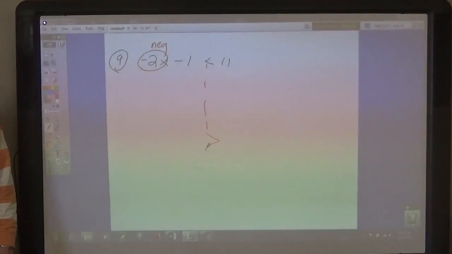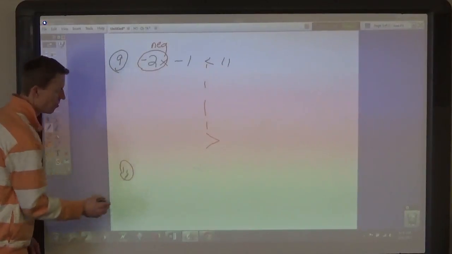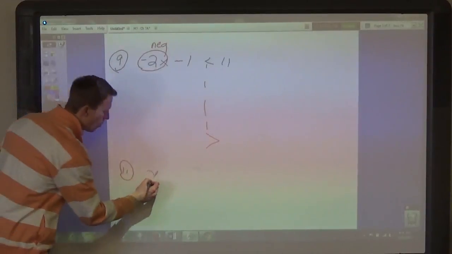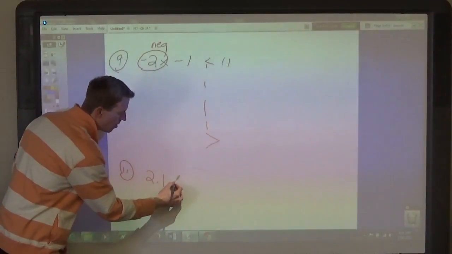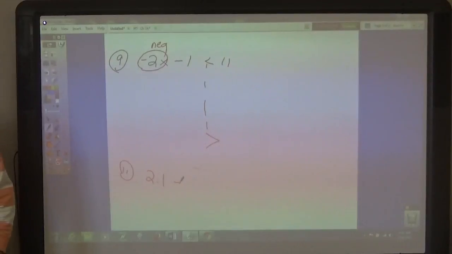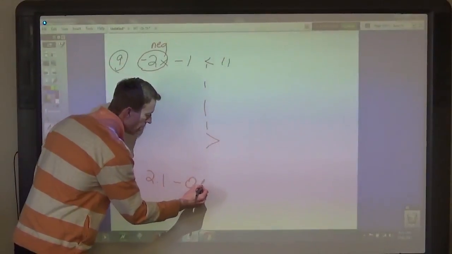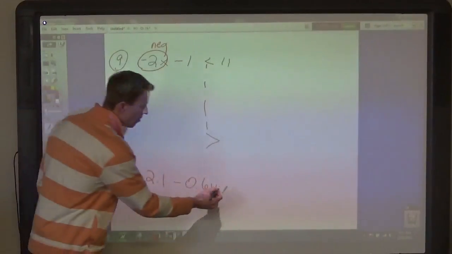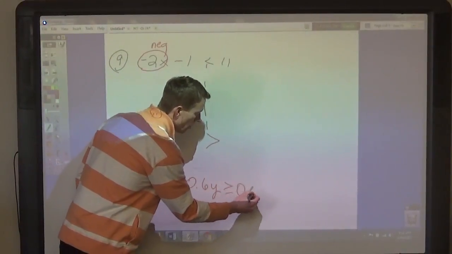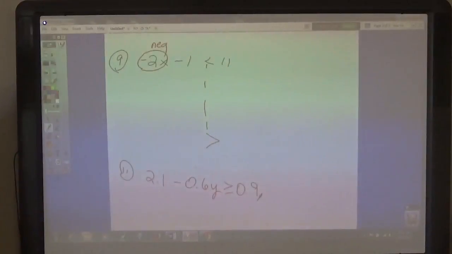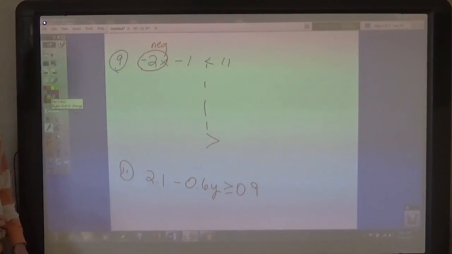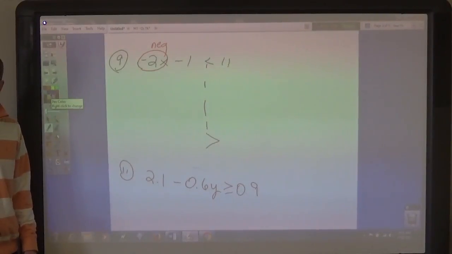Number 11. 2.1 minus 0.6y is greater than or equal to 0.9. Would you have to reverse the sign in this one? Yes, you would.